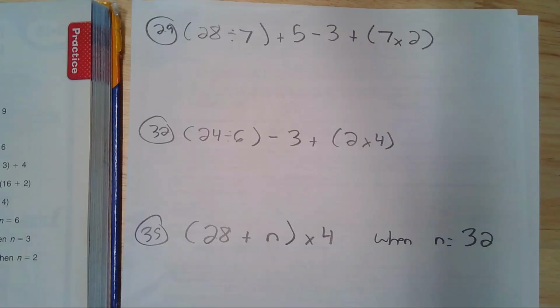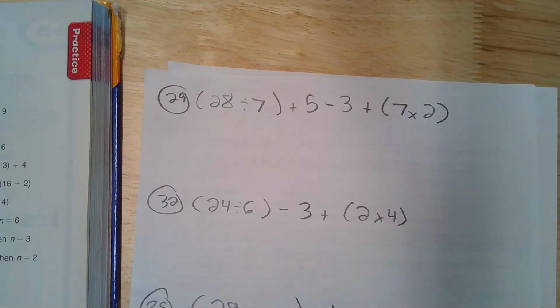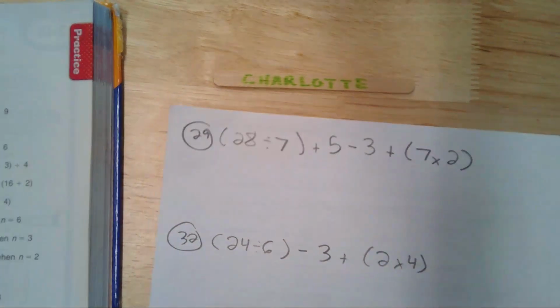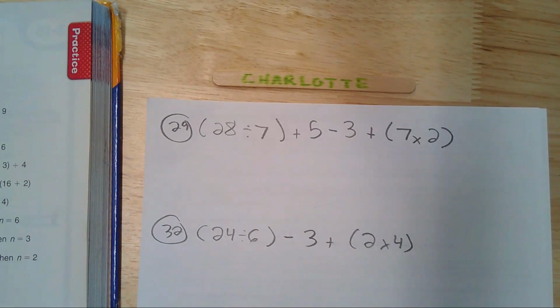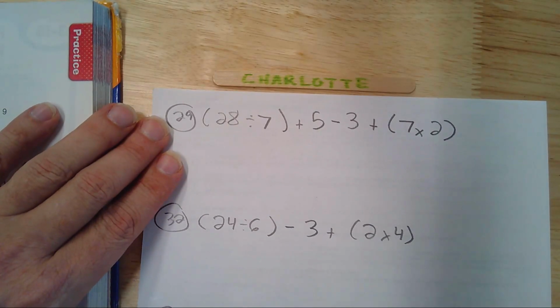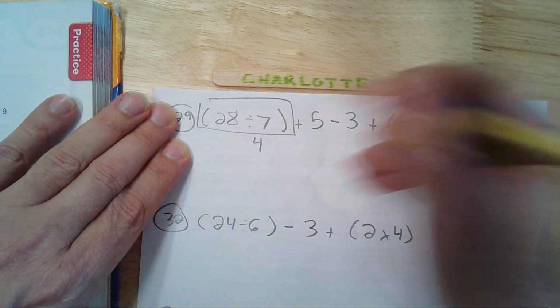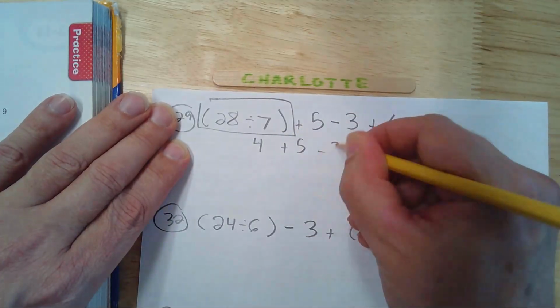Alright, close enough. There. 29. Charlotte. Okay. 28 divided by 7 is 4. Yeah, that's where I would start in the brackets there. Okay.